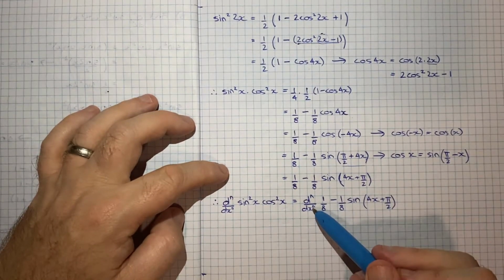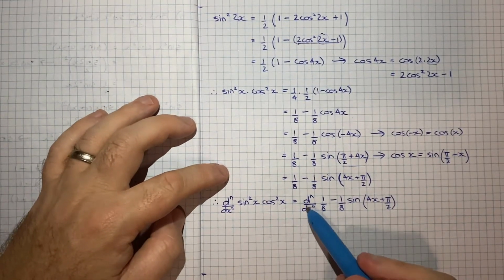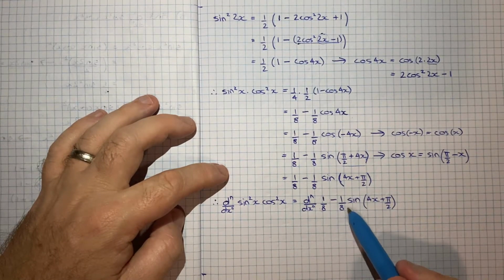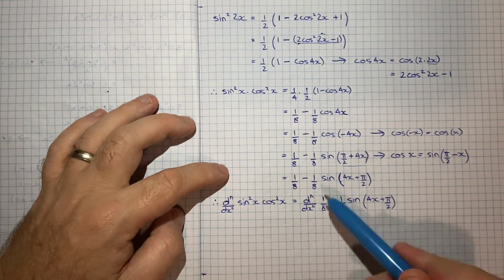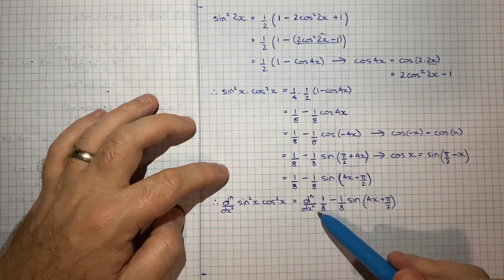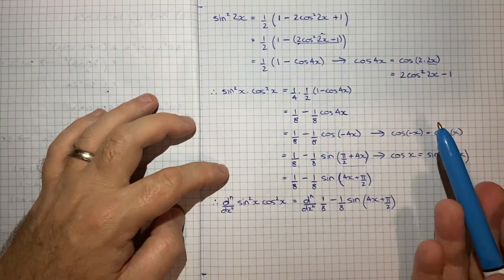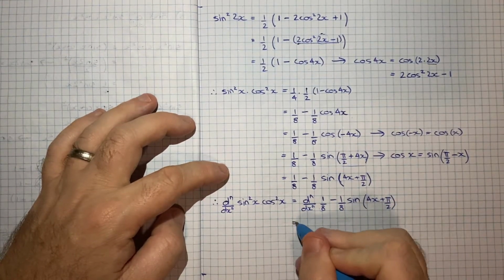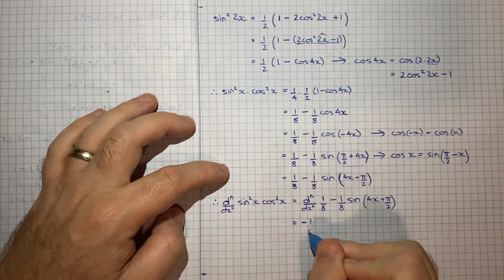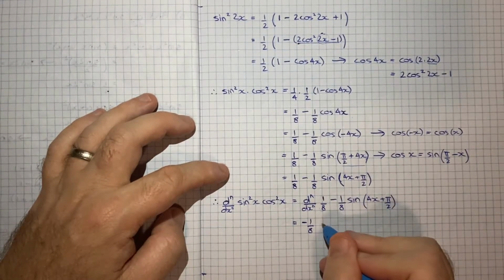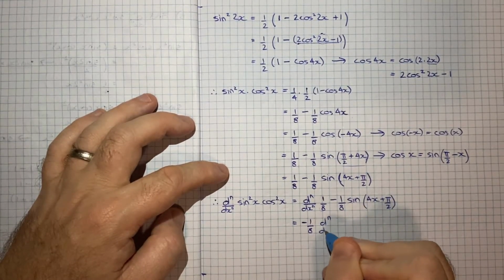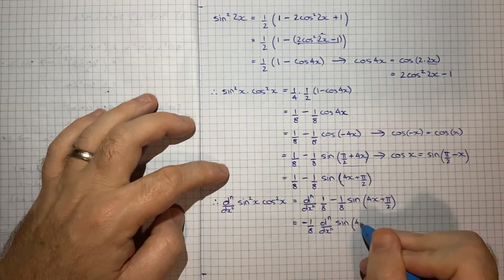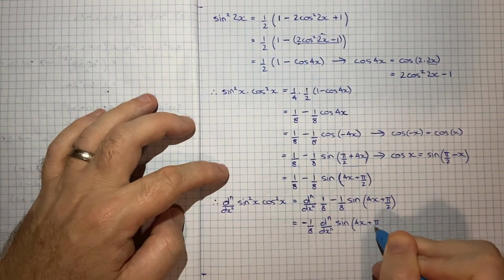Now, we can break this up to say it's the nth derivative of 1 on 8 minus the nth derivative of 1 on 8 sine of (4x plus pi on 2). This first bit, the derivative of a constant, is just going to disappear. So this is going to simplify to minus 1 on 8, which we can bring out the front, times the nth derivative with respect to x of sine of (4x plus pi on 2).